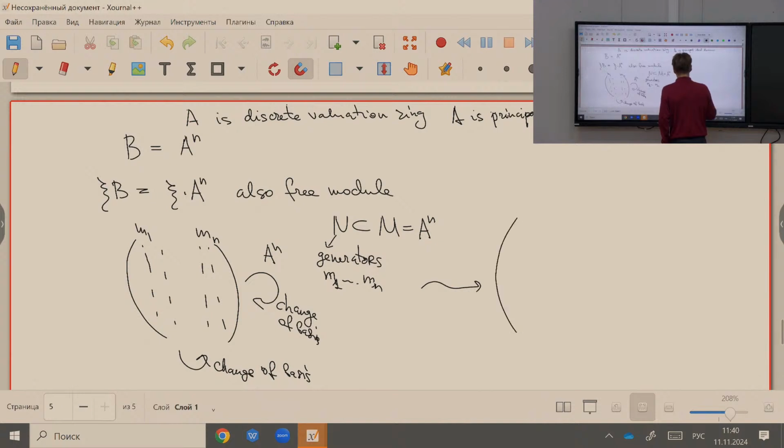This change of basis will result in this matrix being diagonalized.